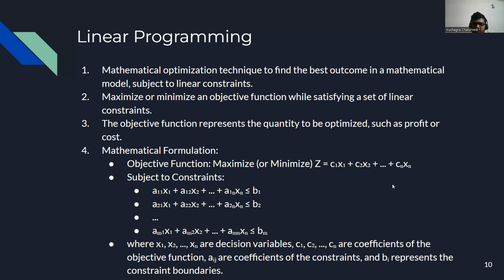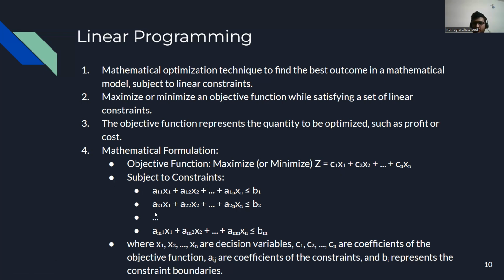And then there are variables like x1 to xn. These variables are the factors that affect z directly. And then these are the costs, or the factors that affect those variables. And then these are the constraints here.